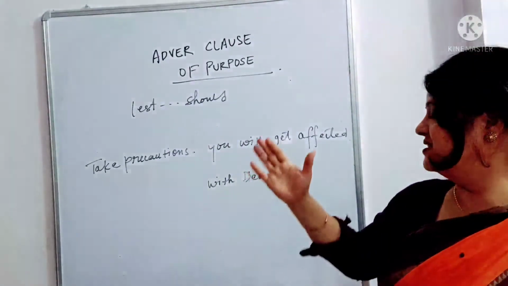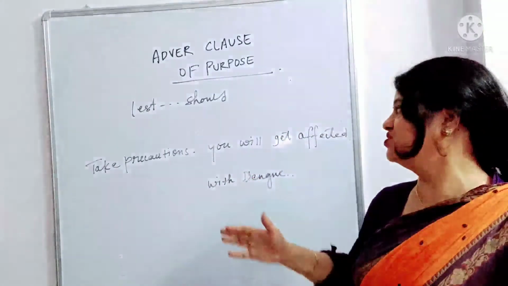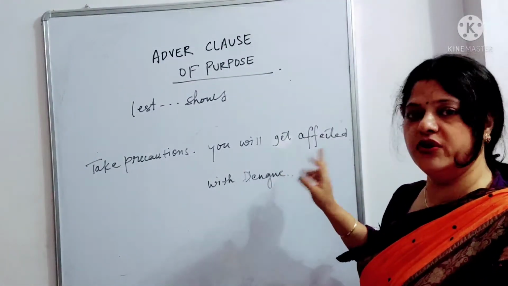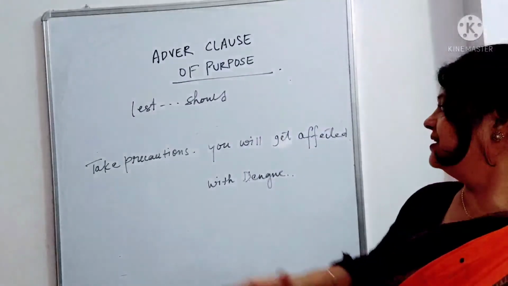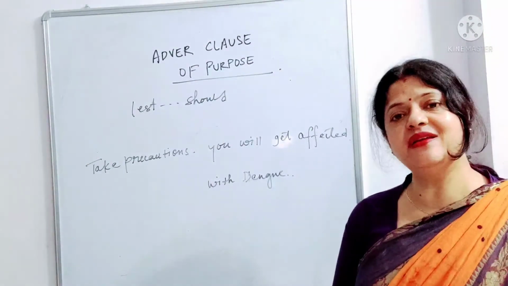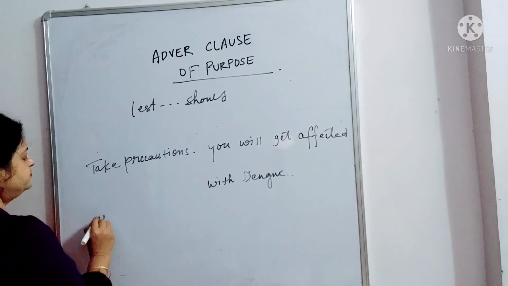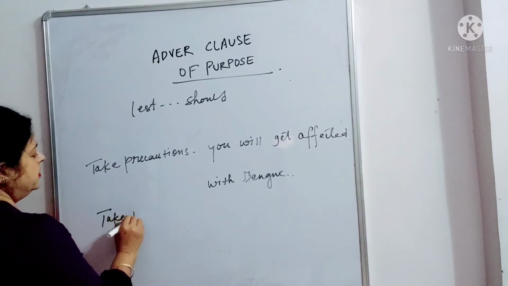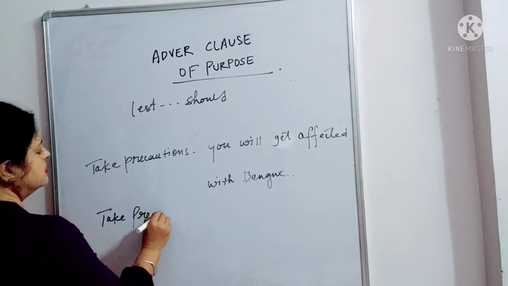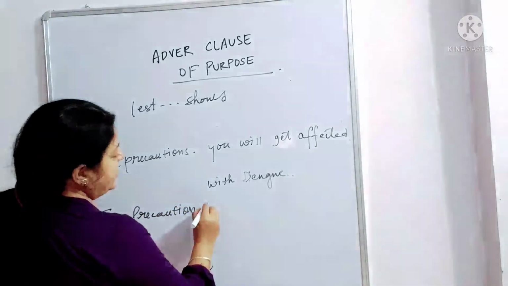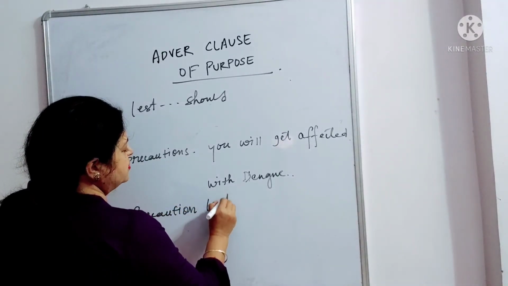Since it is giving a negative expression, it seems to us that this sentence is not correct. But when we add these two sentences together, we get the right meaning. Take precautions. Then we add this conjunction lest.